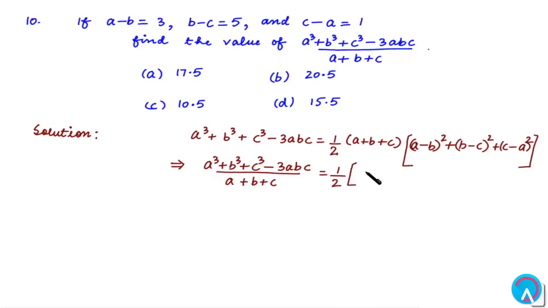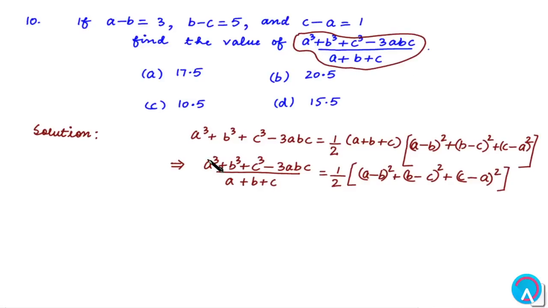And here inside the bracket we'll have a minus b whole square plus b minus c whole square plus c minus a whole square. So let's see what we have to find in the question. In fact, in the question we have to find this, and the expression for this we have constructed here. This will be equal to 1 by 2.